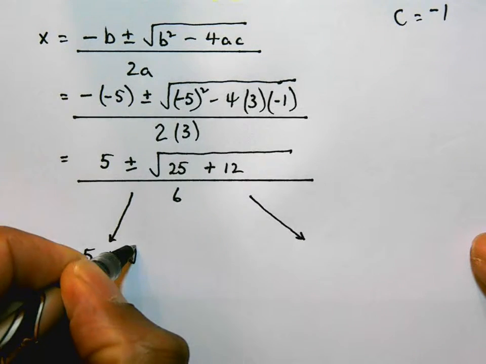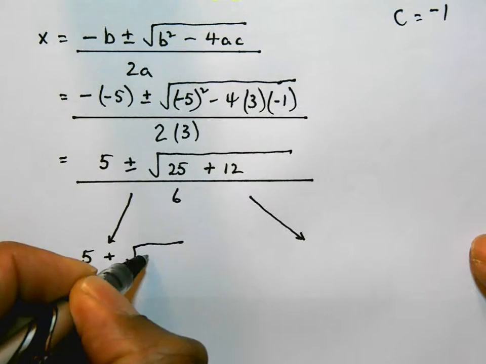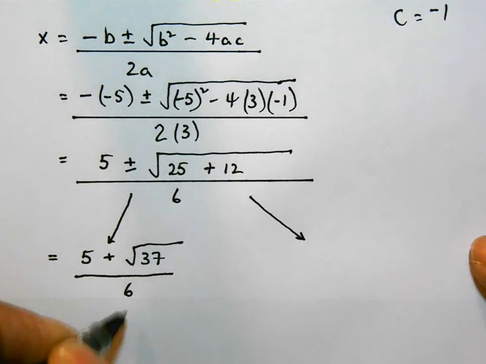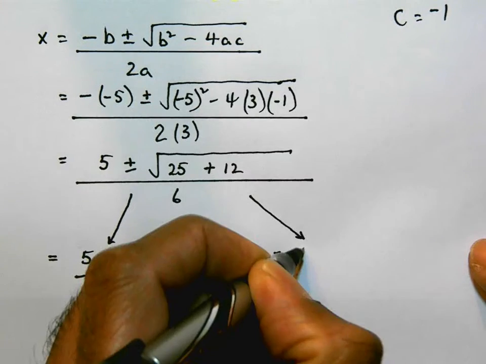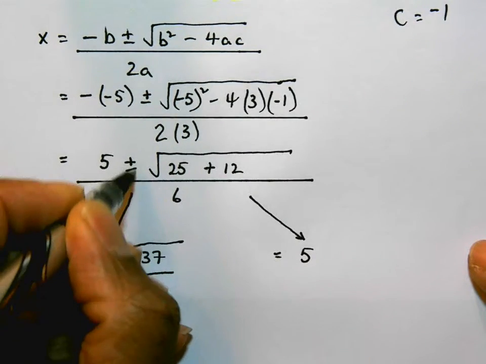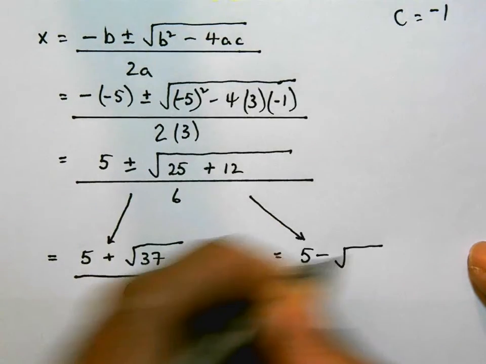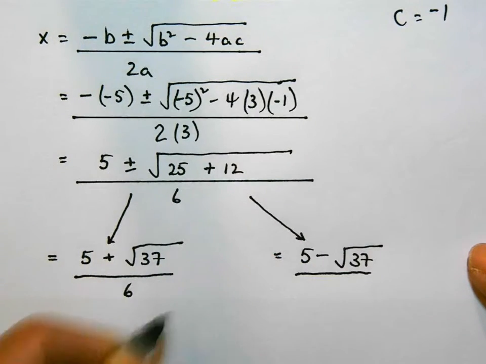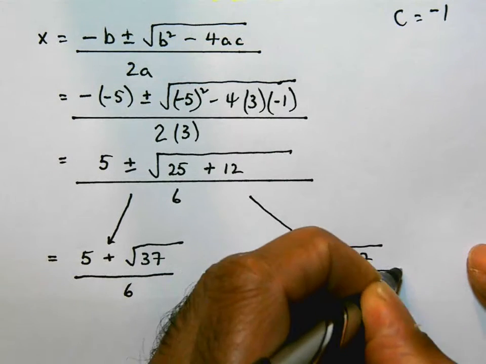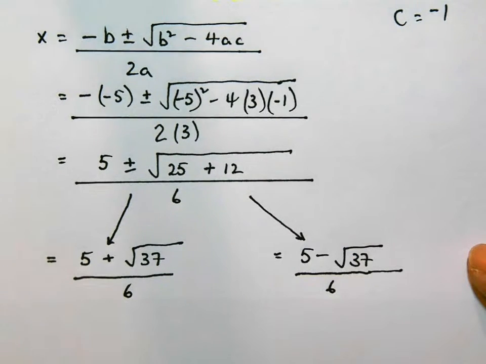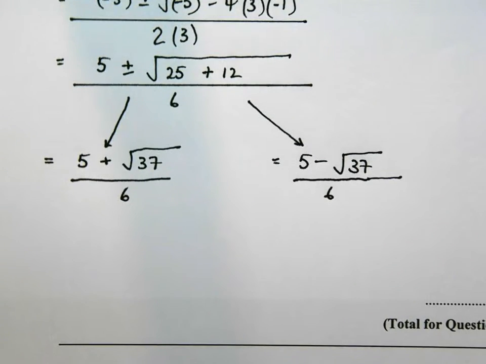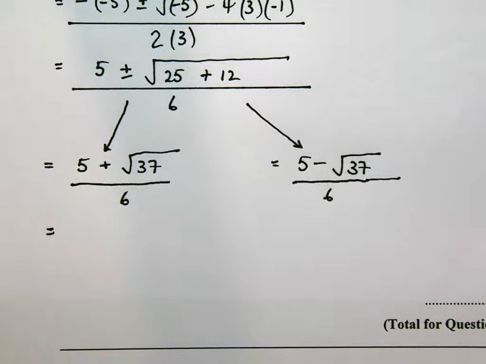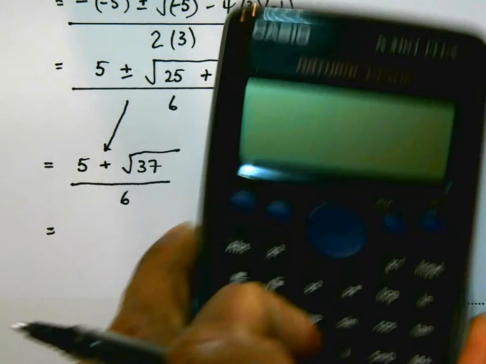I either have 5 plus the square root of 25 plus 12, which is 37, divided by 6, or 5 minus the square root of 37, divided by 6. I'm going to work out each of those values using my calculator.